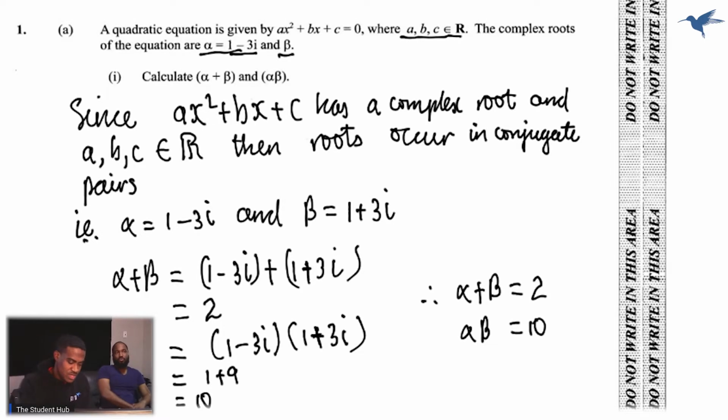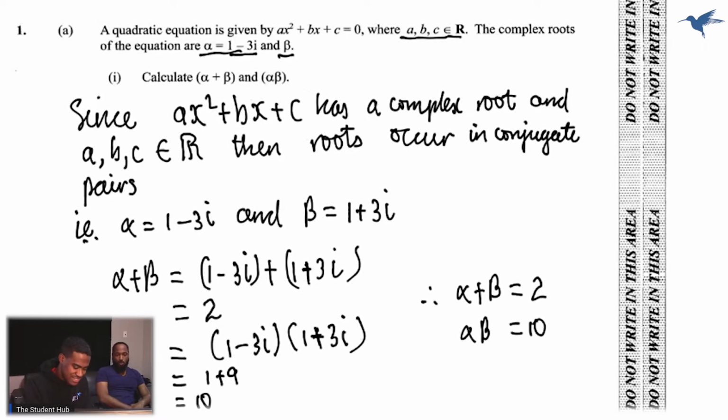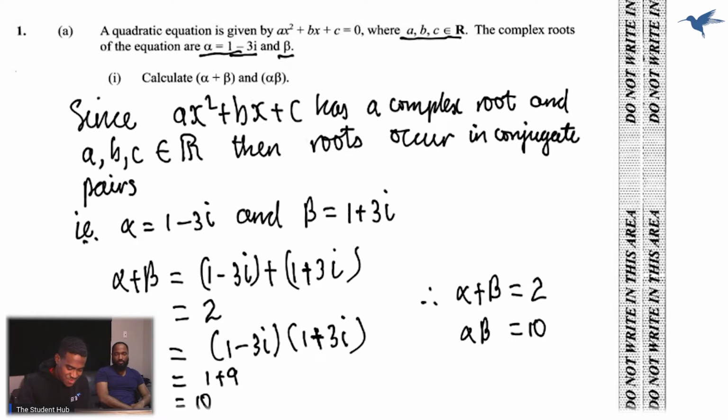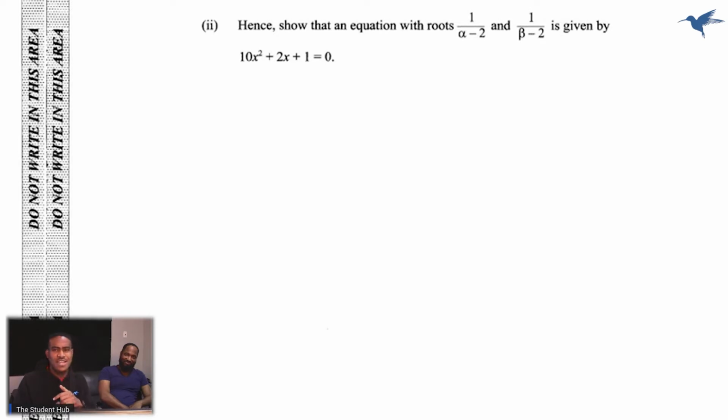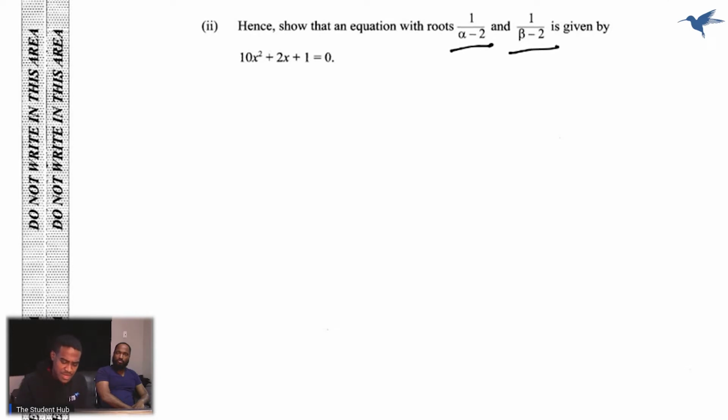All right, cool. So let's get into the next question that is here. That was part A, part I, and now we're looking at II. So we have: hence show that an equation with roots 1 on alpha minus 2 and 1 on beta minus 2 is given by this equation here.